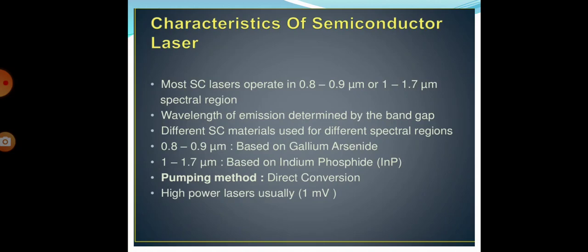Different semiconductor materials are used for different spectral regions. 0.8 to 0.9 micrometer is based on gallium arsenide, and 1 to 1.7 micrometer is based on indium phosphide. The pumping method is direct conversion. High power lasers are usually 1 milliwatt.